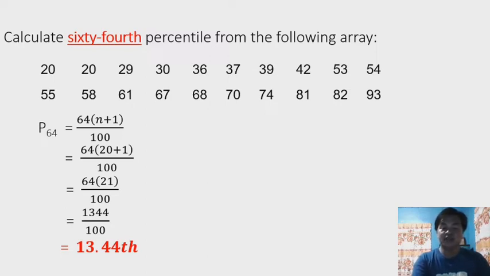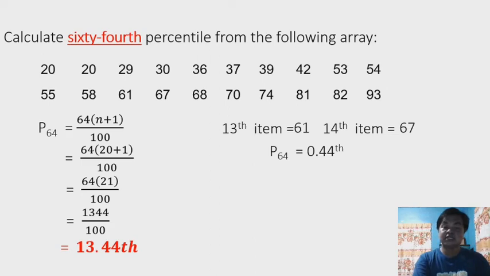So, alamin muna natin kung ano ang 13th item. Nang sa ganun ay malaman natin kung ano ang 64th percentile. The value of the 13th item is 61. And that of the 14th item is 67. Thus, the 64th percentile is 0.44 of the way between 61 and 67.